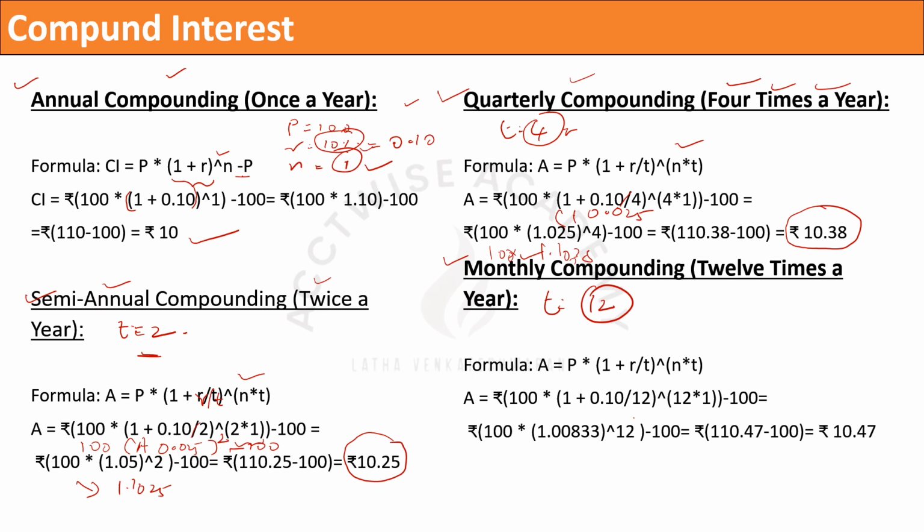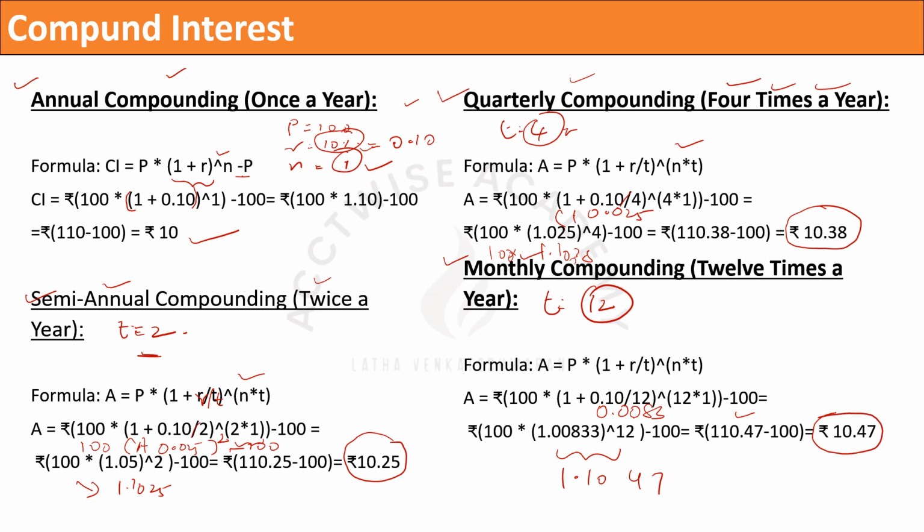So 0.1 divided by 12 is 0.0083. Substituting here, 1 plus 0.0083 is 1.00833, to the power of 12. What is 1.00833 to the power of 12? It is 1.1047. I have taken only 4 decimals here. Into 100 is 110.47, minus 100, it is 10.47.